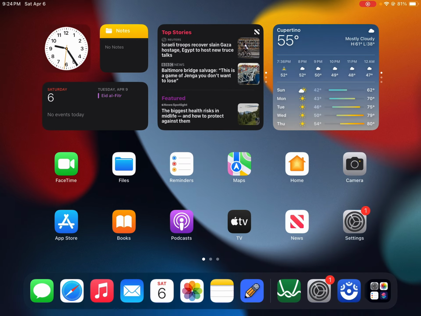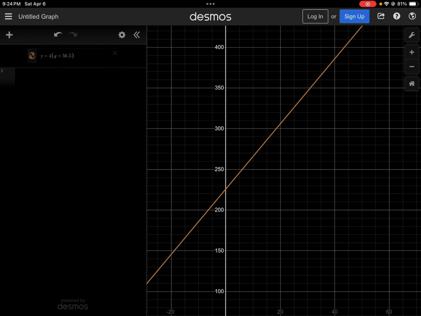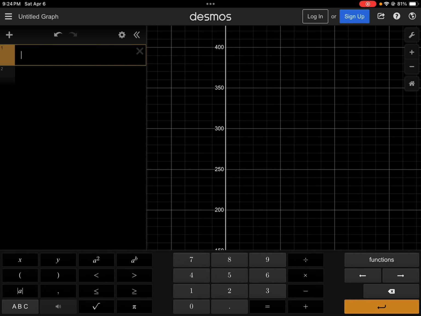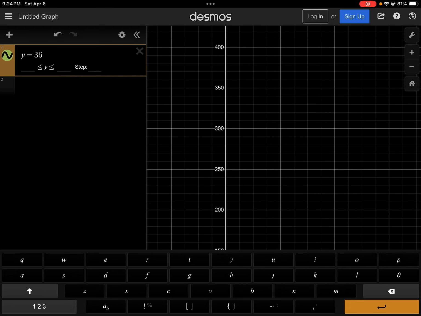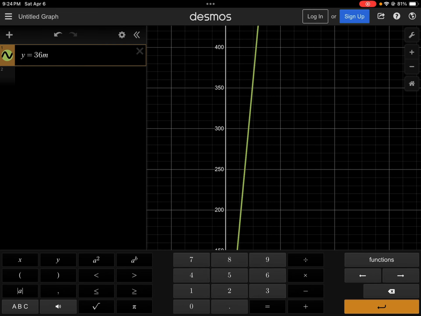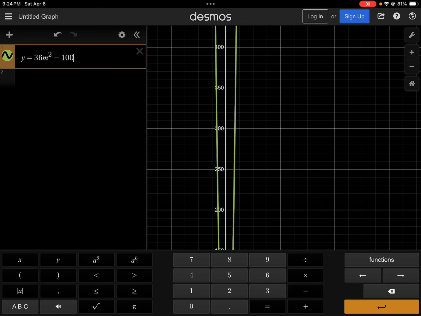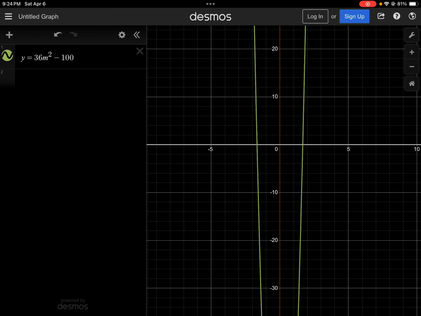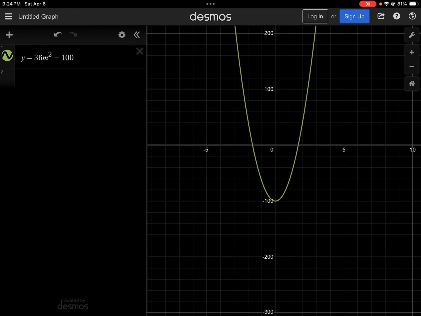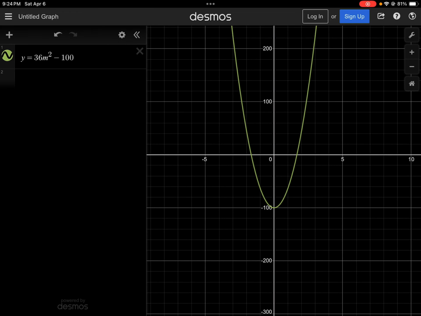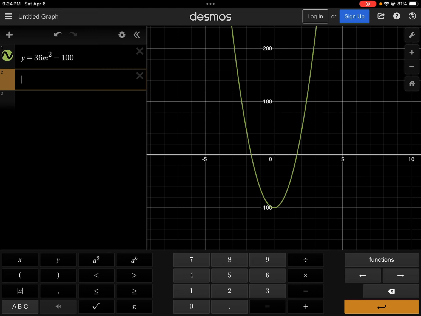Okay, so let's go and do that. Y equals, this would be the given one, 36, and I'm going to write it as m squared to avoid making a mistake, minus 100. Okay, this is my function. I can change the scale with 2 fingers on the vertical axis, and you can make it shorter or taller.